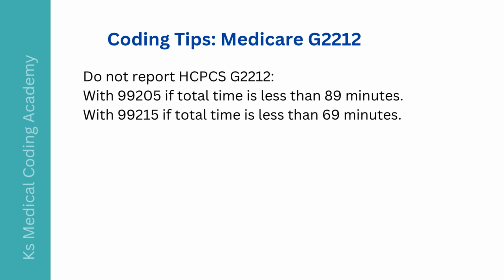For Medicare patients, HCPCS code G2212 has different reporting thresholds than CPT 99417. Do not report G2212 with CPT 99205 unless the total time is at least 89 minutes, and do not report it with CPT 99215 unless the total time is at least 69 minutes.